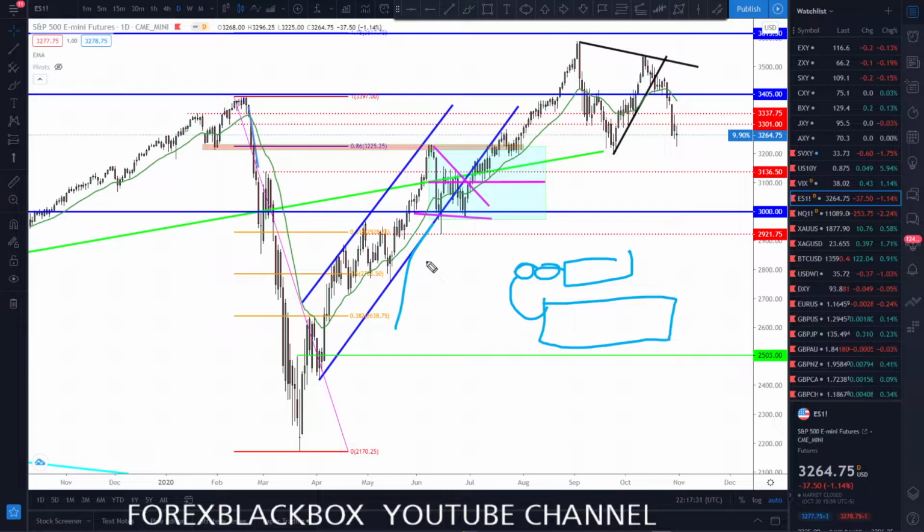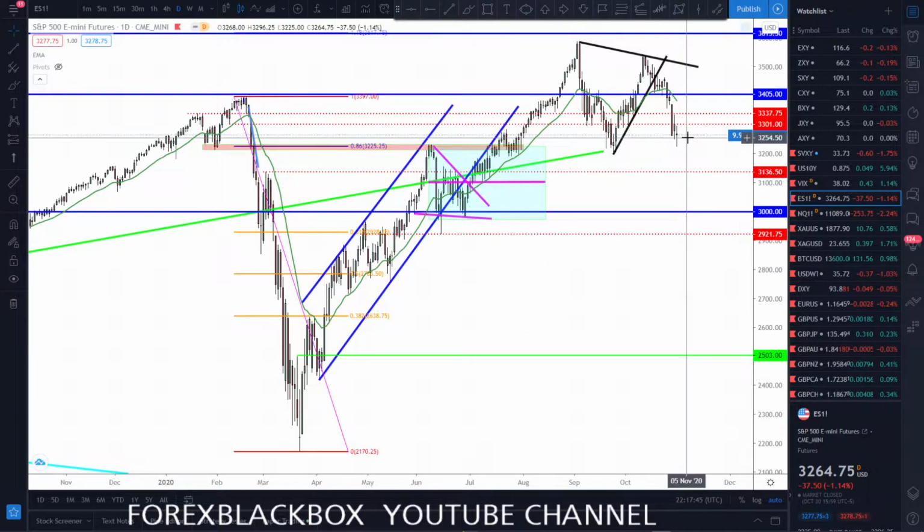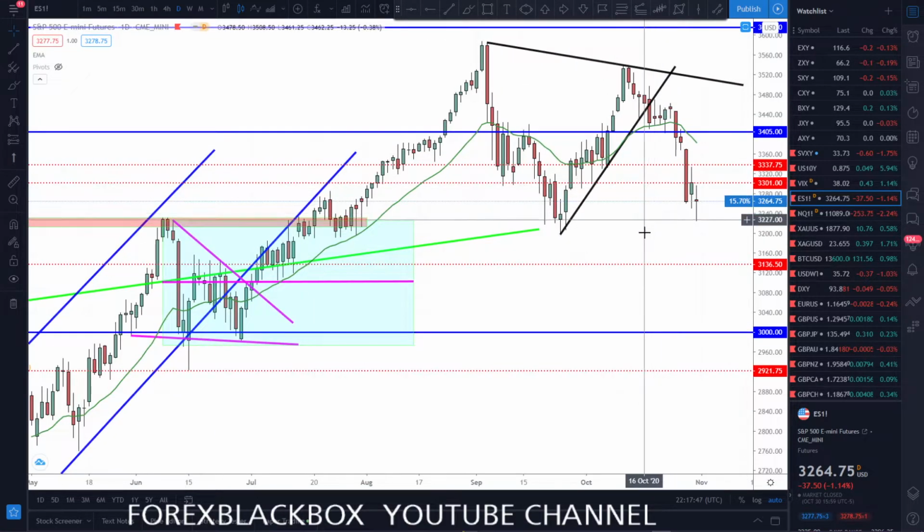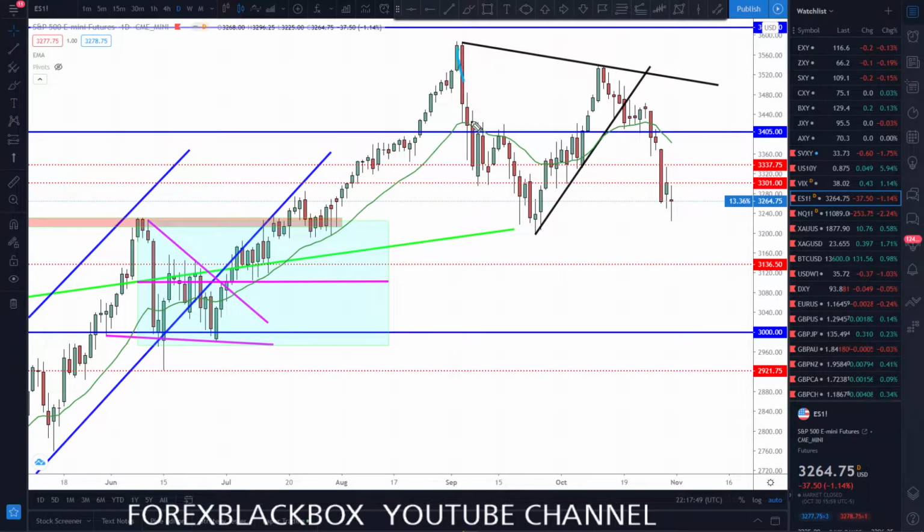If the stocks are risk off or on, the Nasdaq follows as well. So Nasdaq is sometimes a leader, sometimes E-mini is a leader. Both of them have different assets inside, however, their own stocks, right? So you can see that. Remember last time I talked about this, guys, it's like a head and shoulders.